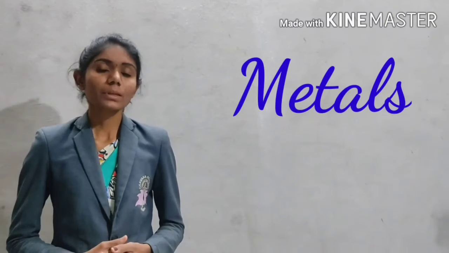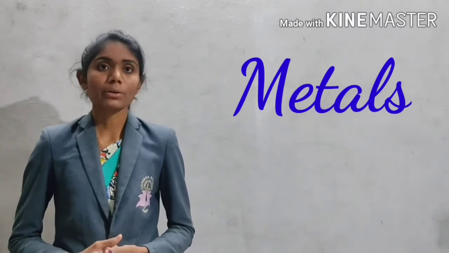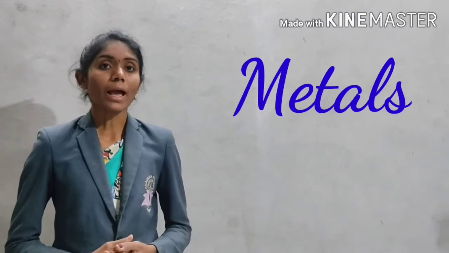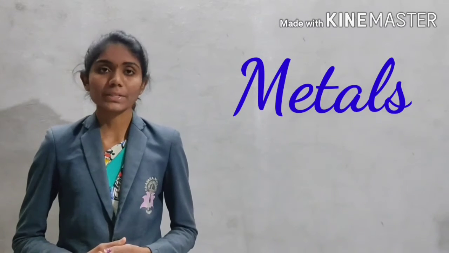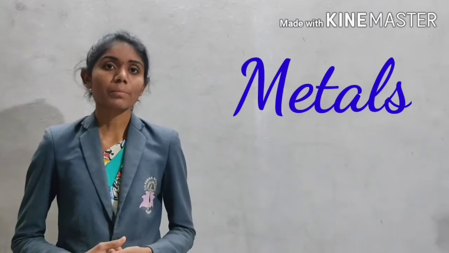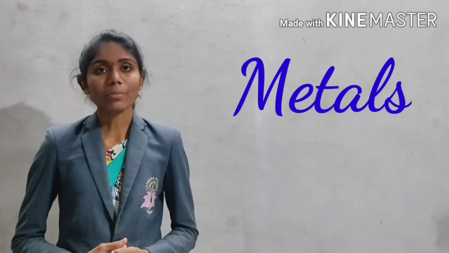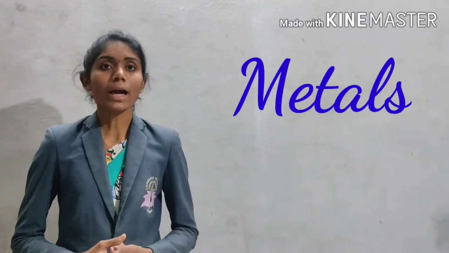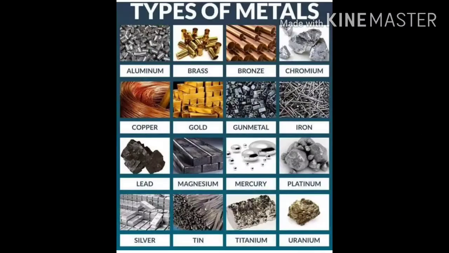Metals. Most of the elements which are known to us are called metals. For example, gold, silver, aluminium, copper, zinc, they all are examples of metals.